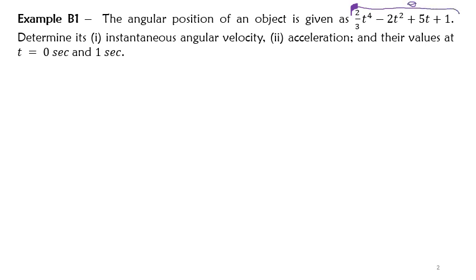And because the value is given in terms of t, that means theta is a function of t, and this is referred to as the instantaneous angular position or angular displacement, theta at the time t.